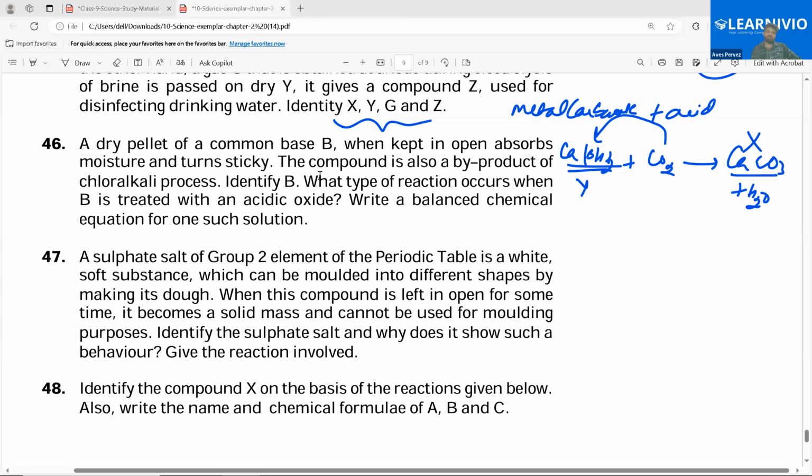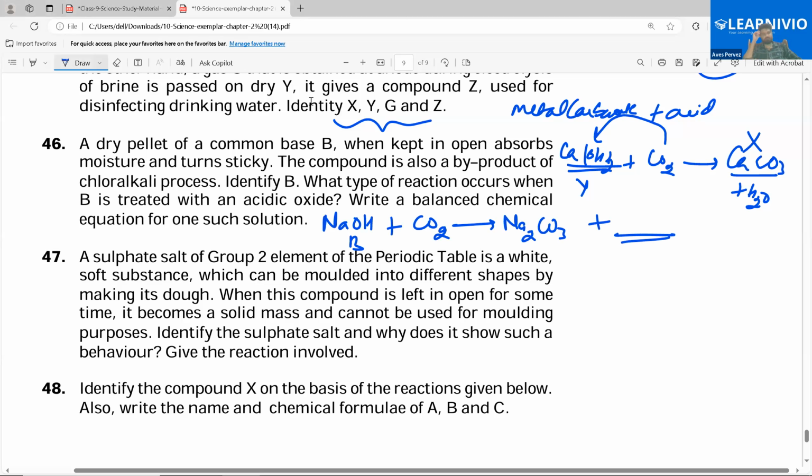B is NaOH. When it reacts with non-metal oxides, which are acidic in nature, it gives you Na2CO3 plus what?